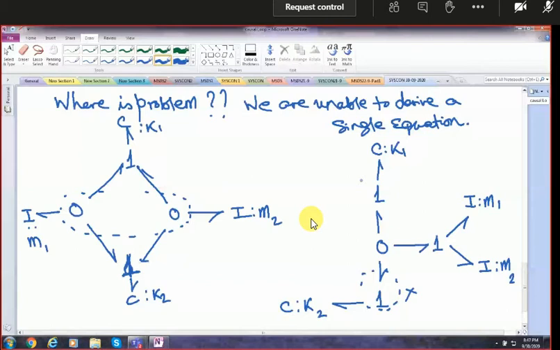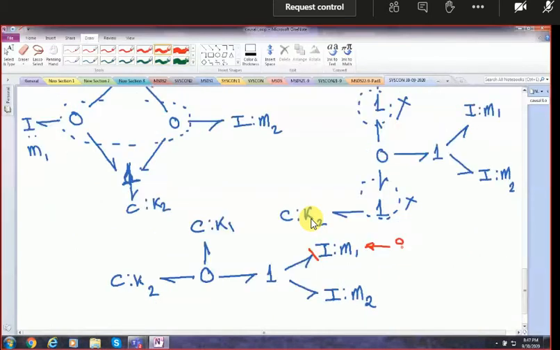If you put causality on this model, then any one you choose will give a state. This becomes a strong bond, so it doesn't give a state.